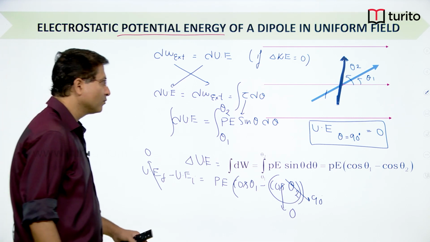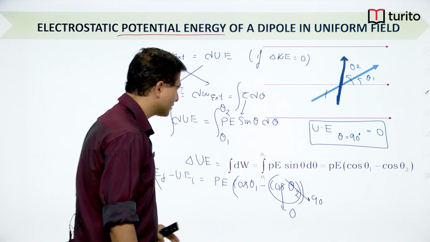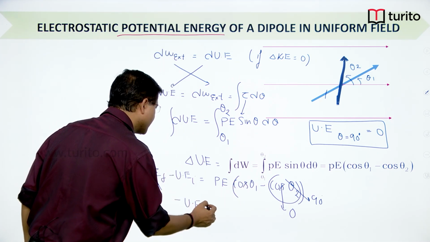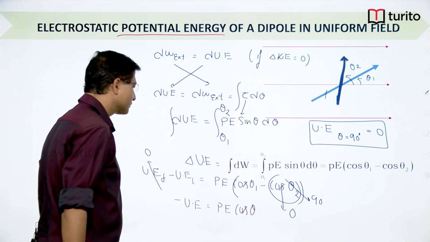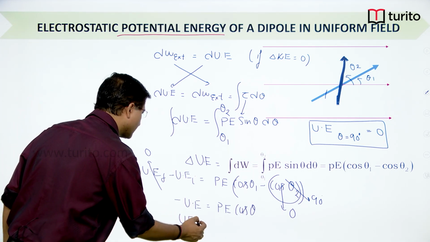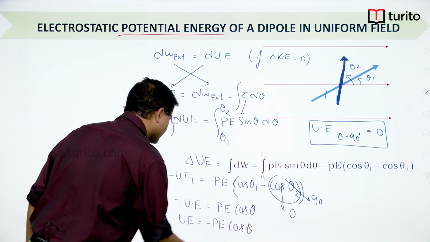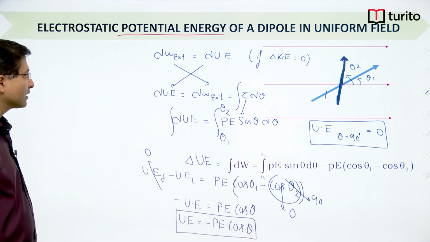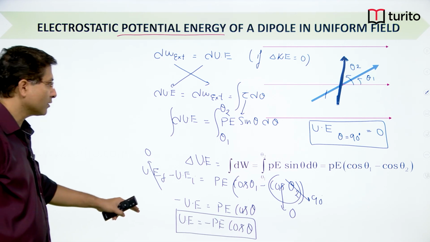So, say we are moving it from some general angle theta. So, theta 1 is theta. So, I substitute theta here, I will get potential energy with minus sign is equal to P cos theta. So, the potential energy can be written minus P cos theta. So, generalized expression for potential energy is minus P cos theta.